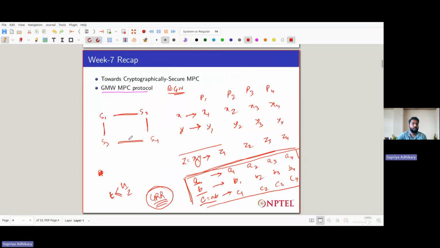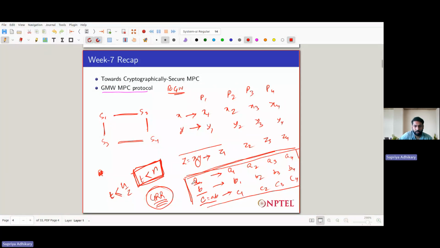But maybe we can use some cryptographically secure MPC protocol so that we can achieve this for any t less than n. So this is our goal, t less than n.